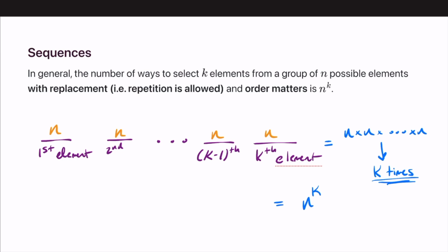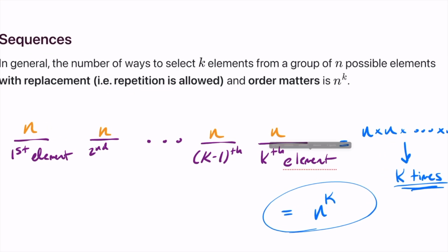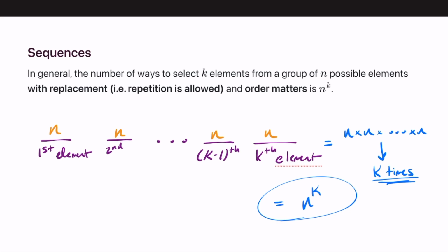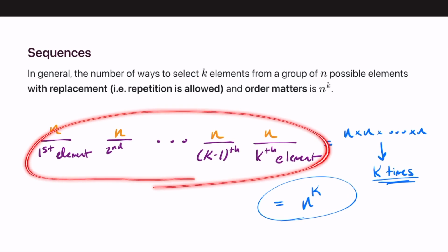So we have n to the k. It's important to realize that we have this formula, but I still will argue the idea that drawing the pretty picture, right?